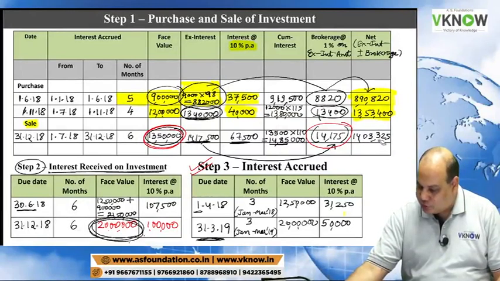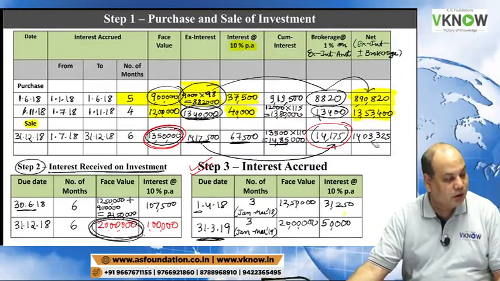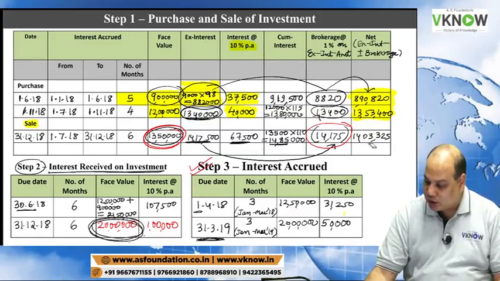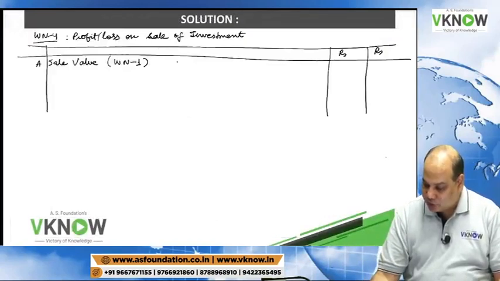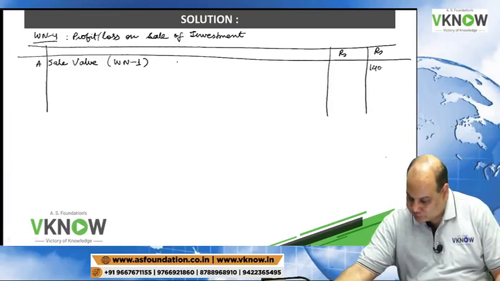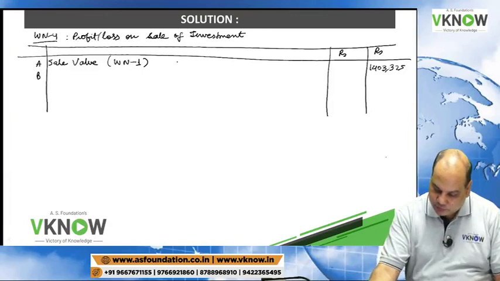Can you see 1403325? This is your sale value after paying brokerage. Last line, last column. So you write down here 1403325. That is sale value.